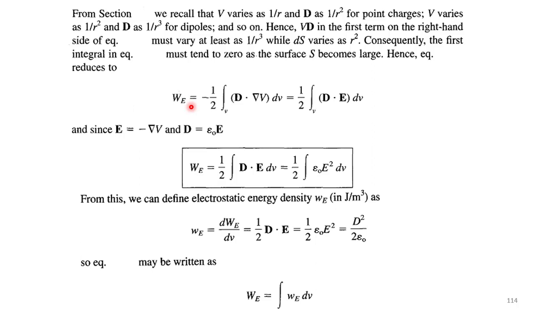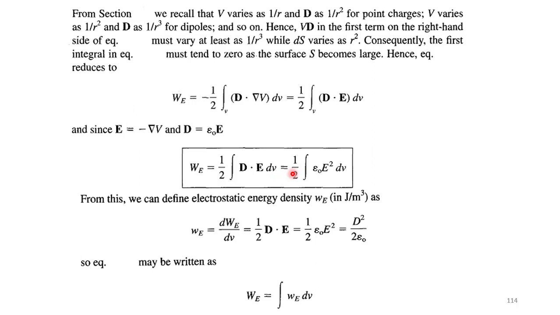So this is the equation of total work done. In general, we can say that this equation itself is the energy equation. Therefore, we can write this as W_E, that is energy, which is 1 upon 2 integration D dot E over volume dv.